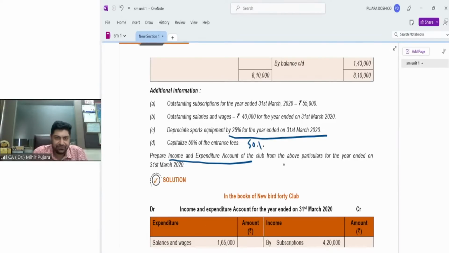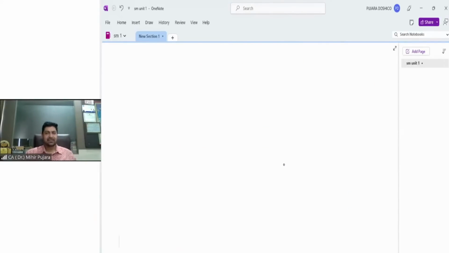So 50 percentage will be in INE and 50 percentage will be in balance sheet. Clear, guys? I hope you have done ABCD over here.